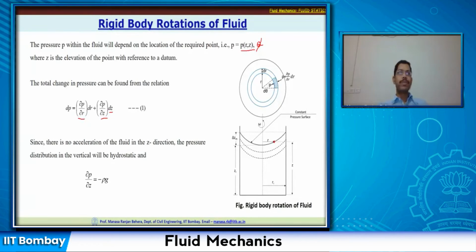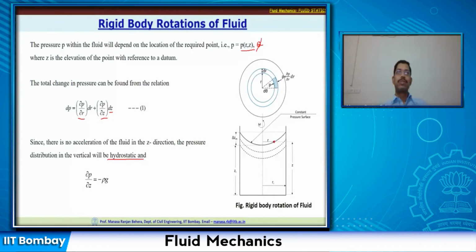So now let us find out each of these parameters, ∂P/∂R and ∂P/∂Z. Since there is no acceleration in the fluid in the Z direction, the pressure distribution in the vertical direction will be hydrostatic. The fluid is rotating about its axis with omega, so there is a centripetal acceleration here, but in the vertical direction there is no acceleration.